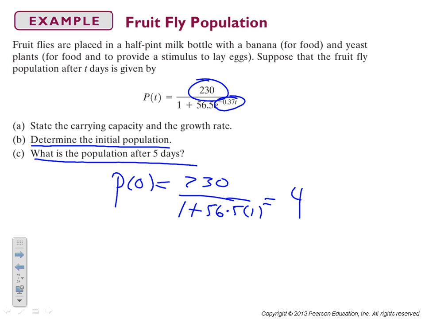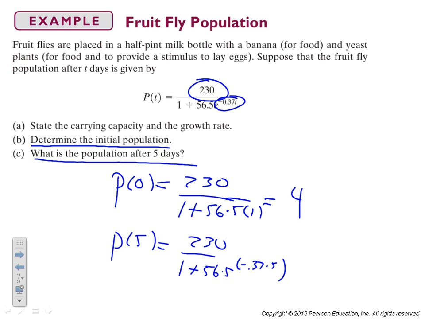Find the population after 5 days. Tell me what to do here. Taylor, what do I do? Plug in 5 for T. Plug in 5 for T. And that population is 23.27, and that's all there is, really.